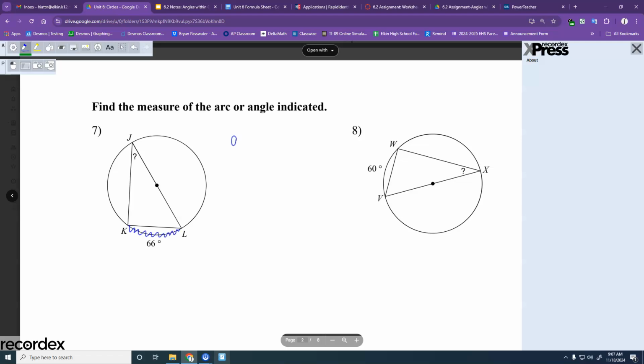The arc is bigger than the inscribed angle. So the arc is bigger. You do not multiply this by 2. What do you need to do instead? Divide by 2. You're going the opposite direction. So you're going to do 66 divided by 2, and you'll get 33 degrees for that angle.